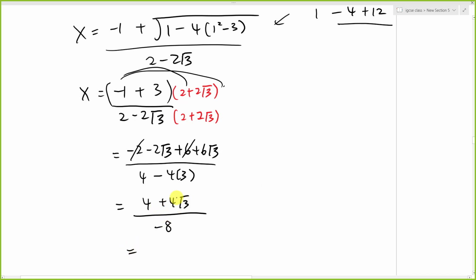And then I will just separate them, so it will become negative 1 over 2 minus 1 over 2 root 3. I hope this will be my final answer.